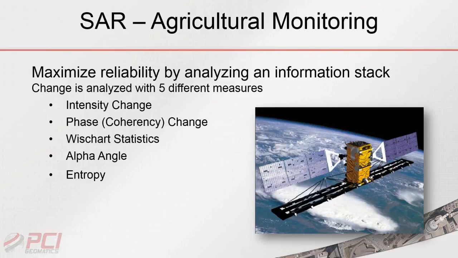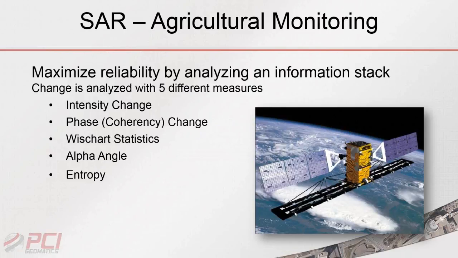So if we have an image that has 4 channels of data, so HH, HV, VH, and VV, we can perform a number of different measures. So for example, we could look at the change in intensity if we had more than one image across all of those channels, or any number of combinations of those channels.